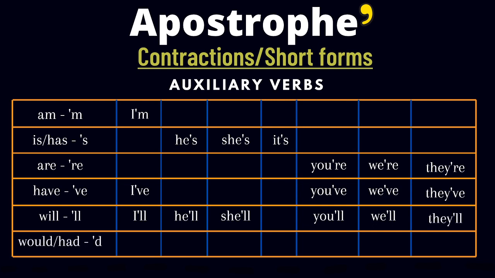Would or had: for both words, the short form apostrophe d is used. I'd, he'd, she'd, you'd, we'd, they'd.